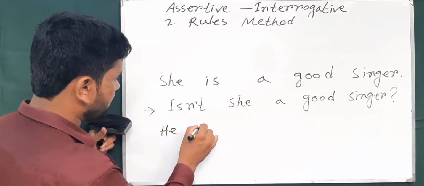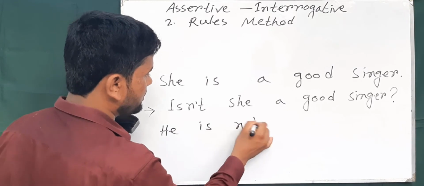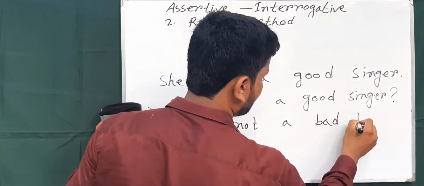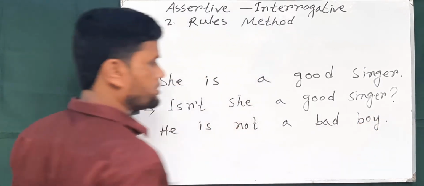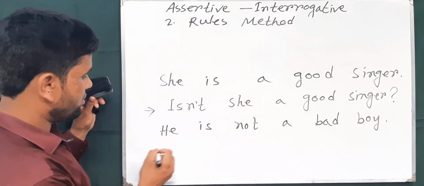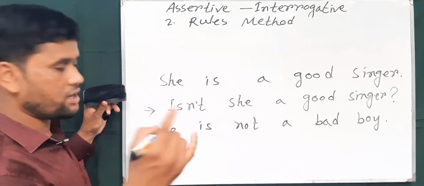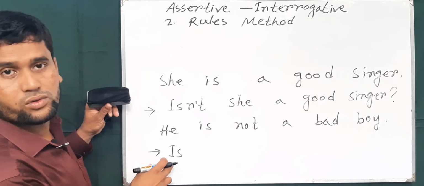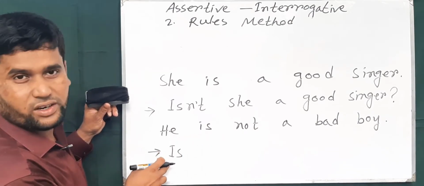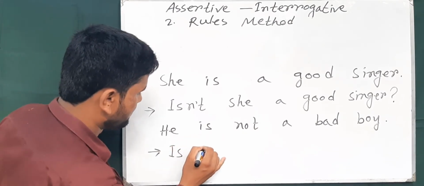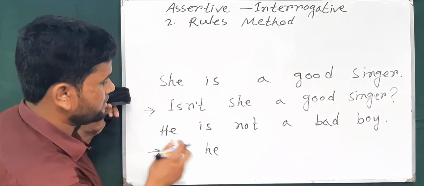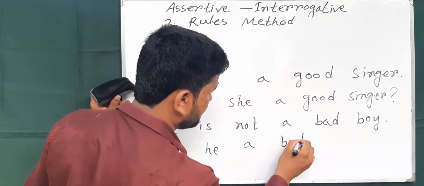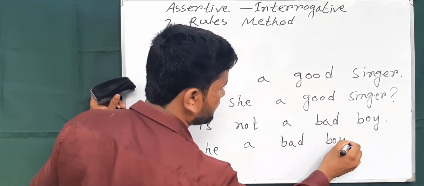Another sentence, he is not a bad boy. So here also we find auxiliary verb is, and the sentence is negative, so we need not use not after auxiliary verb. We just only use subject, he, and the other part, a bad boy.